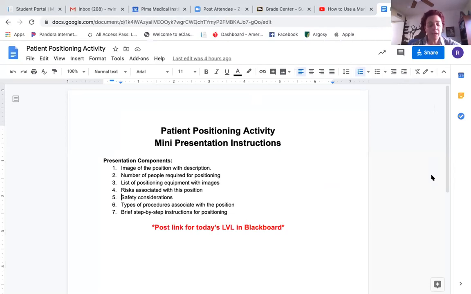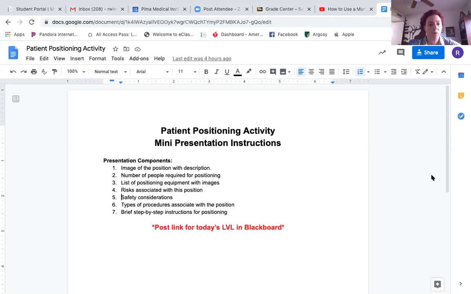So you're going to make a little mini presentation, and however you want to put it together is fine with me. However you want to divvy up the work, if you each want to do a slide and talk about the slide when the time comes, whatever the case may be. These are the components.